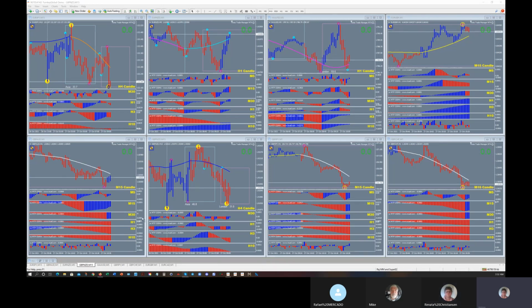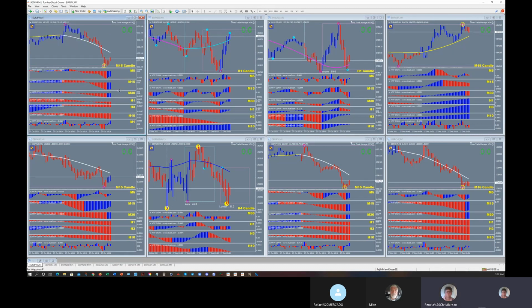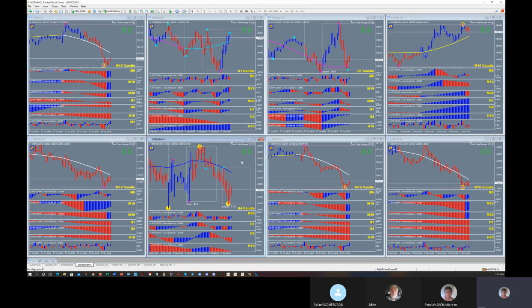For me, when I started to look at it, this was set up for a short, but there was no signal. Yeah, this is set up for a short, maybe to the 1 minute, but no signal. This is not set up.